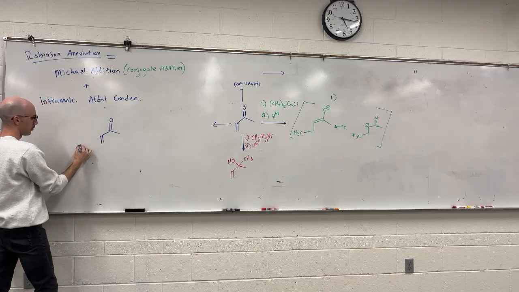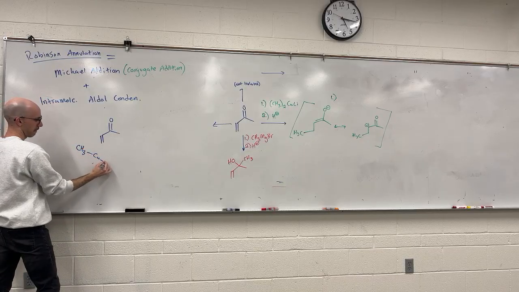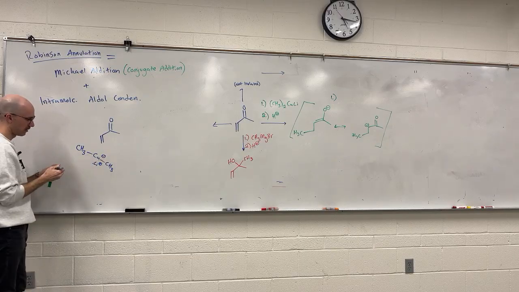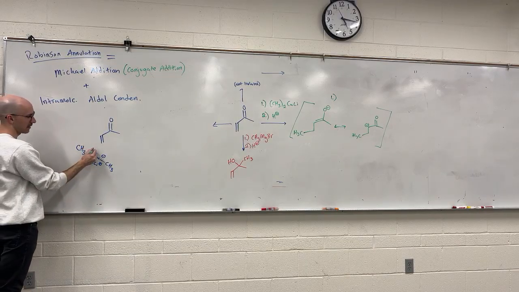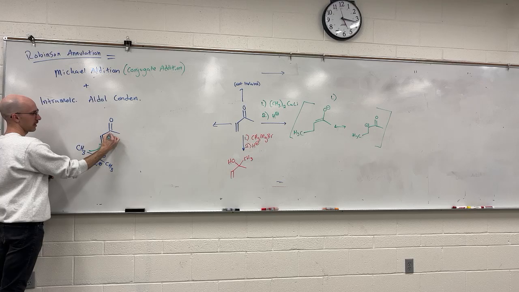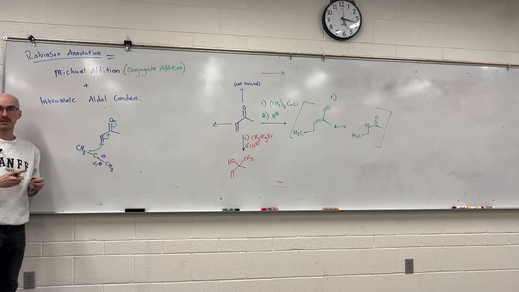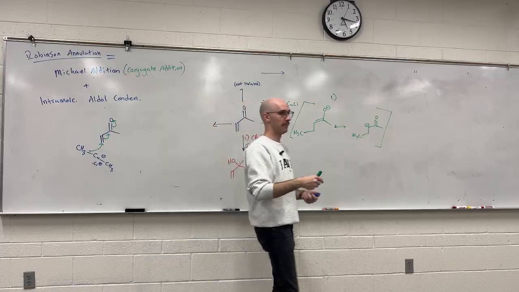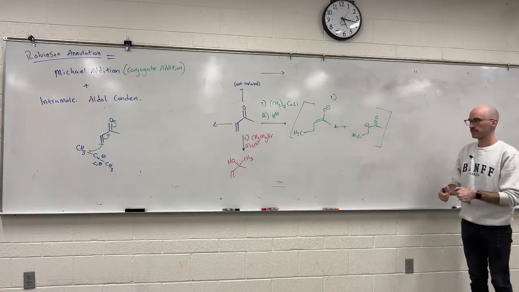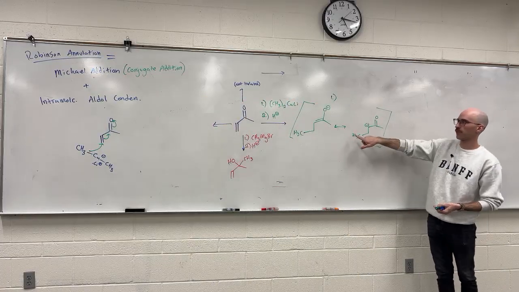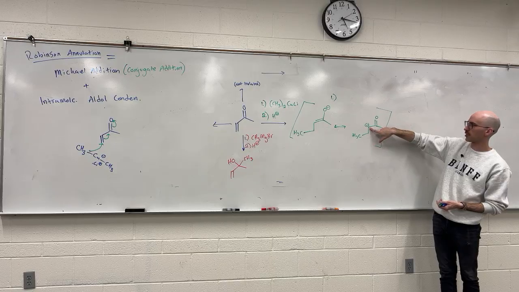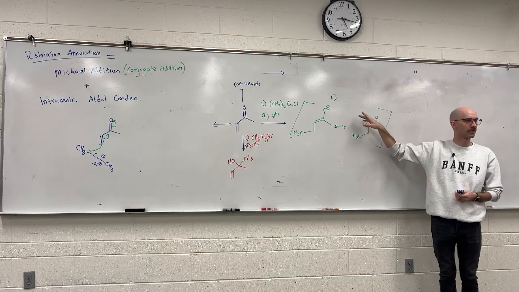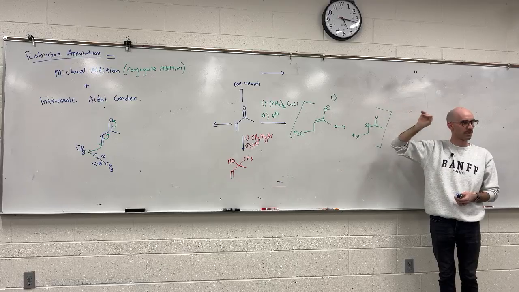So here's our nucleophile, and the nucleophile attacks at the beta position, pushing the pi bonds up to the oxygen. Or, because we can show any resonance form at any time, we could have stopped with the negative charge on the carbon. But of course, we know it's more stable when it's on the oxygen.